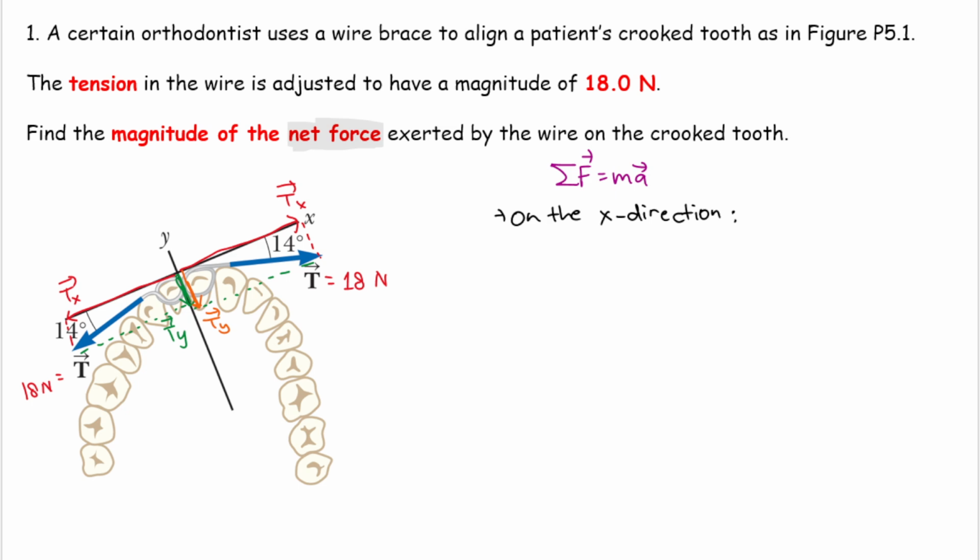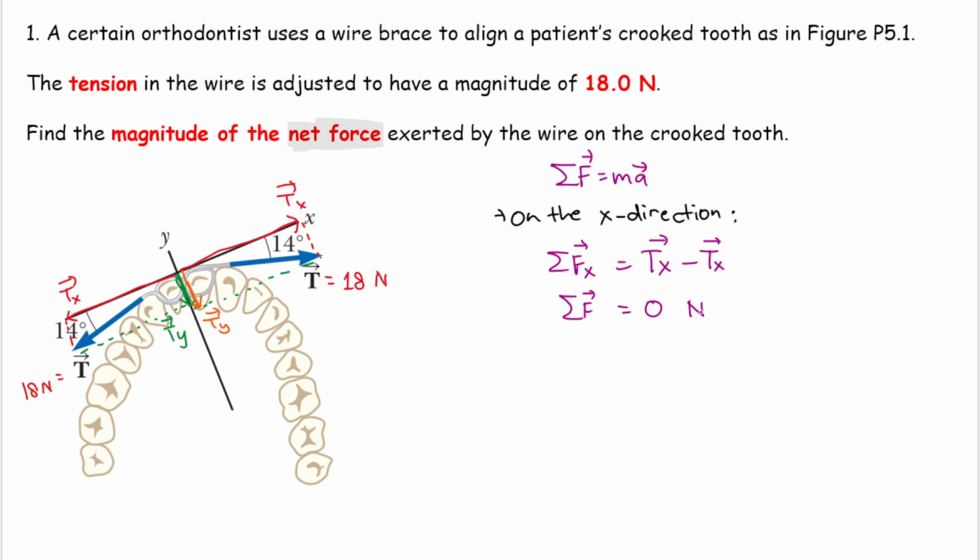So in the x direction, I will have the net force in the x direction. That will be this force here goes there, so I will have Tx. And then we also have this one here, so I'll have minus Tx. So in the x direction here, I will have 0 resultant force, and the unit here is Newton.